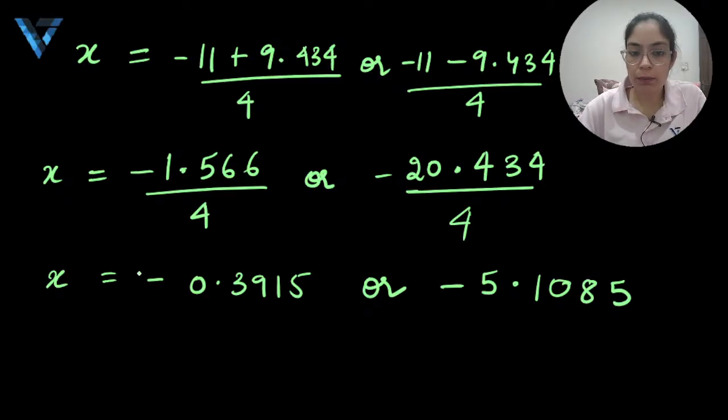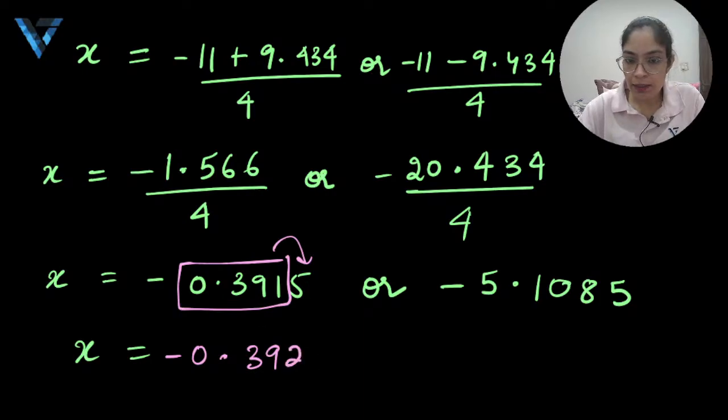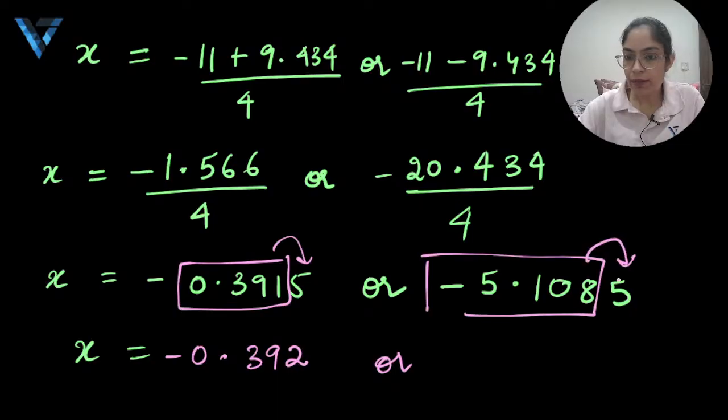Up to 3 decimal places we have to write. So this will be minus 0.3915, so 3 decimal places is 0.391, and the next digit is 5, so this will be 0.392. Here also, up to 3 decimal places, after 8 we have 5, so this will be minus 5.109.